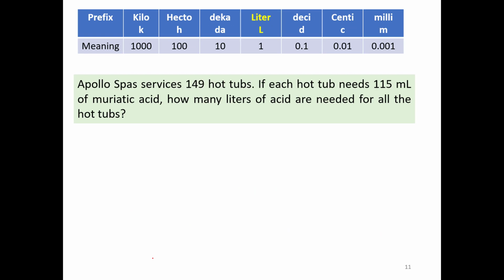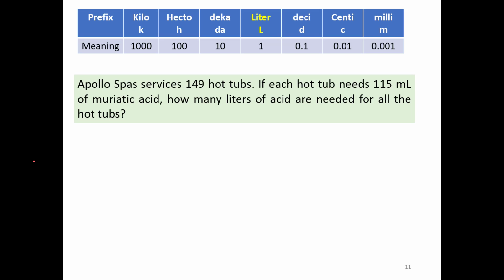And in this case, we have a problem. We have a company, Apollo Space Service, 149 hot tubs. If each hot tub needs 115 milliliters of muriatic acid, how many liters of acid are needed for all the hot tubs?